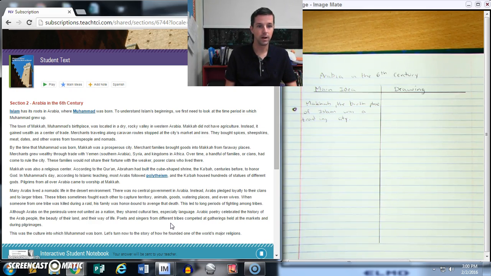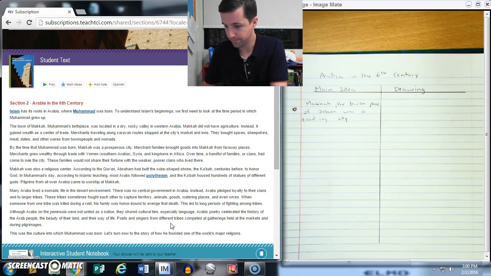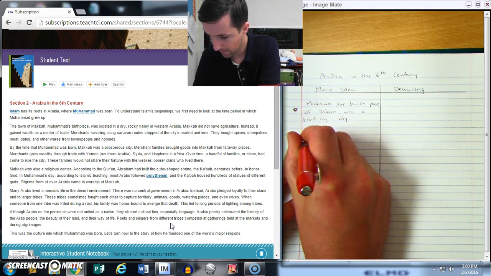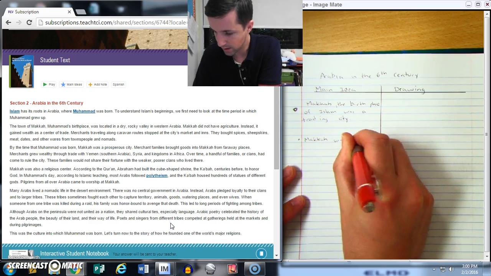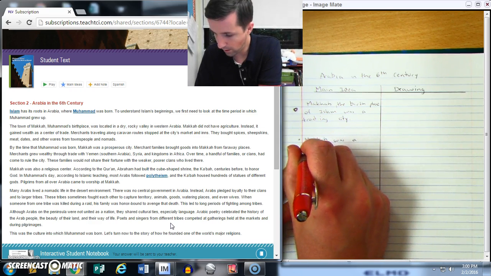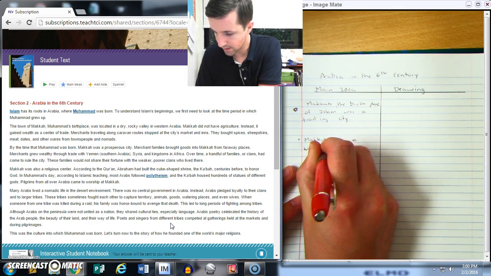All right, so this paragraph is about how Mecca was prosperous because of its trade, but that the leading clans, the clans that ruled the city, were wealthier. So let's see. Mecca was a wealthy. Notice that I'm going to use my own words.